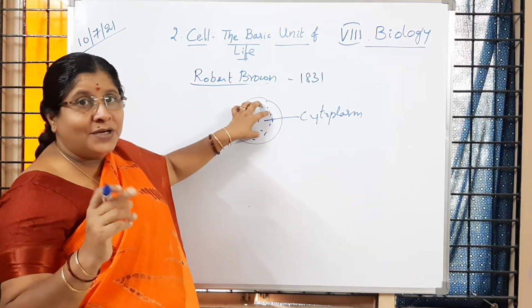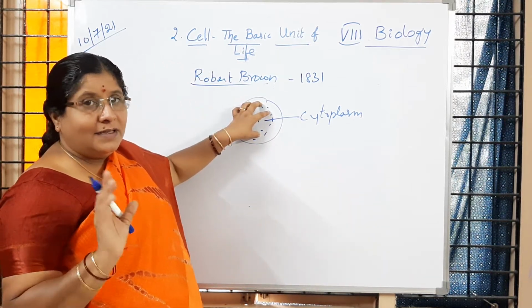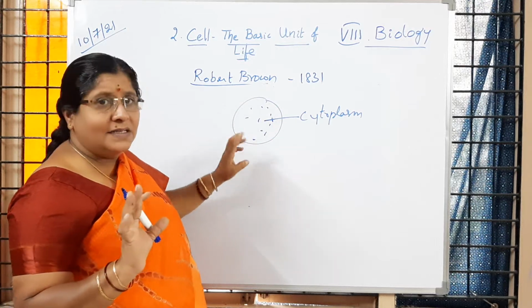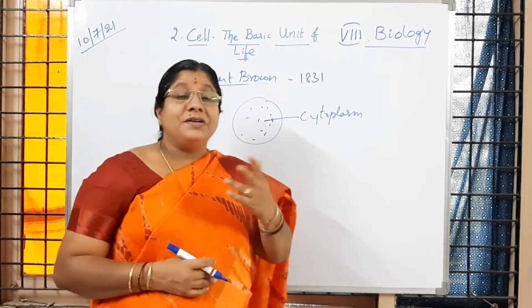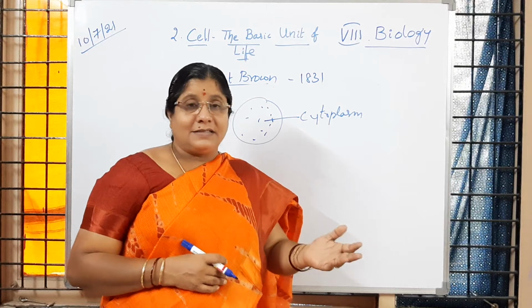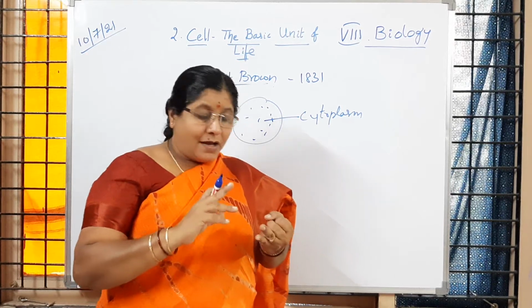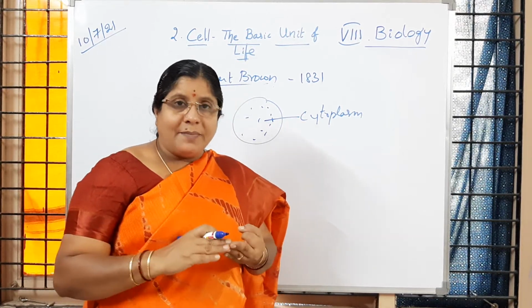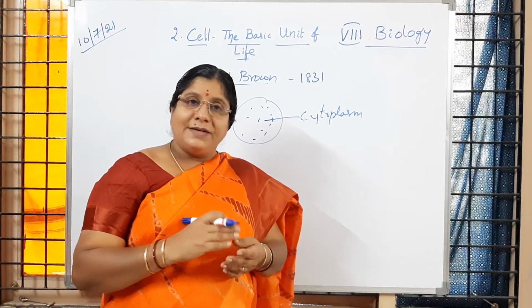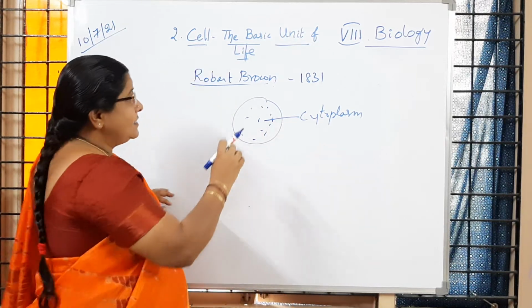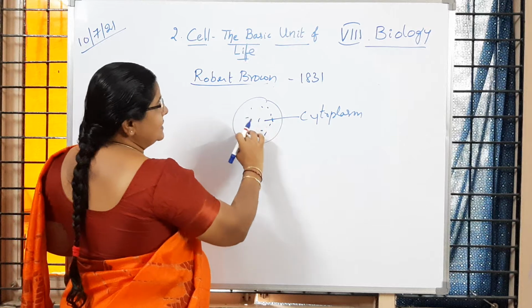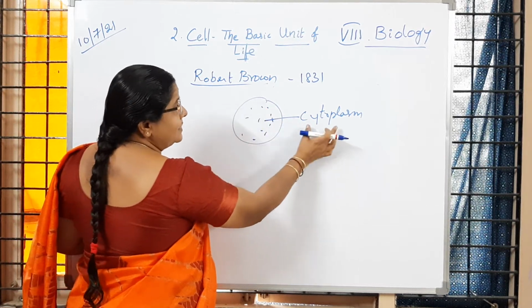You learnt only the nucleus. Is it clear to you? Cell membrane you learnt. That's it. Other cell organelles you are going to learn in higher classes, the 9th class, like mitochondria, endoplasmic reticulum, Golgi apparatus, ribosomes, lysosomes. Where are all these present? They are present in the jelly-like fluid which we call cytoplasm.